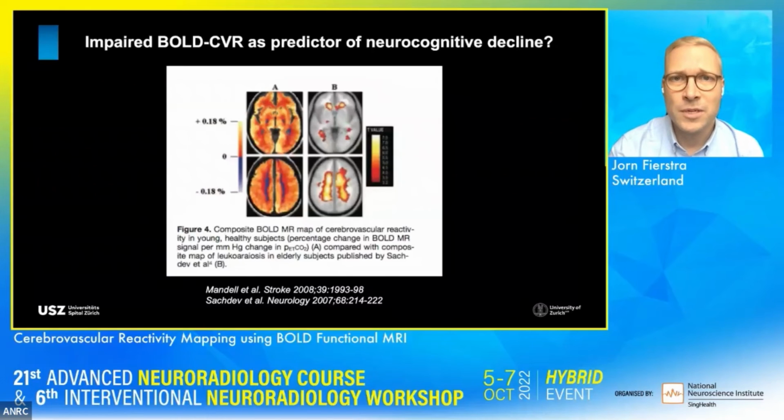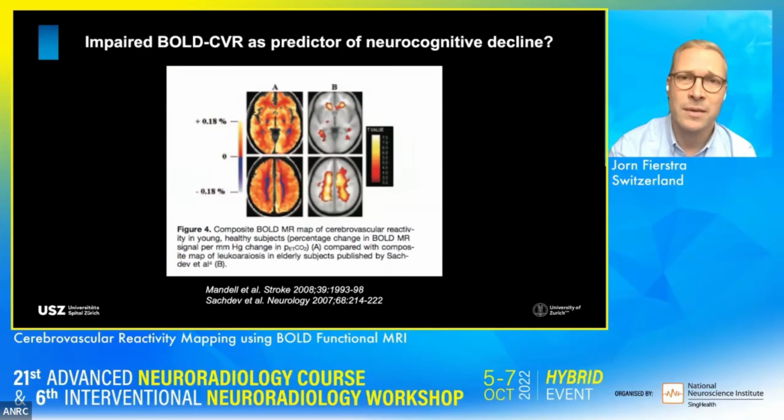And this concept is also interesting in the light of normal healthy people. When we first started doing this BOLD CVR technique at the University of Toronto, around 2005, so almost 20 years ago, we first started with healthy subjects. These were people like you and me, between 20 and 40 years of age, no brain pathology present. We just did a BOLD CVR scan.